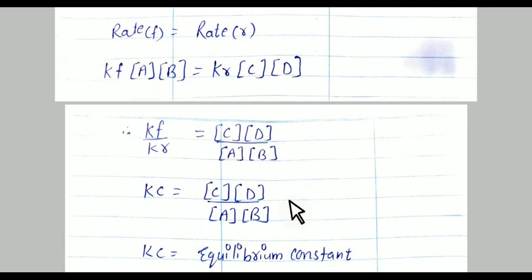But for the reverse reaction, we can say Kc is equal to concentration of A into B upon concentration of C into D. So in general, what is the Kc? Kc is the equilibrium constant at molar concentration, and Kc is nothing but a ratio of concentration of product upon concentration of reactant.